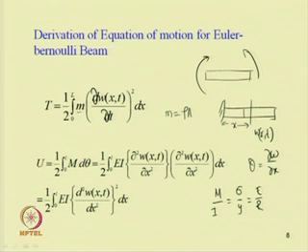So one can write the potential energy, or the strain energy associated with the vibration in the transverse direction, equal to half integration 0 to L of E I (del square w by del x square) whole squared dx. Now one can proceed in the similar way and derive the equation of motion, which we have already seen as the Euler-Bernoulli beam equation.